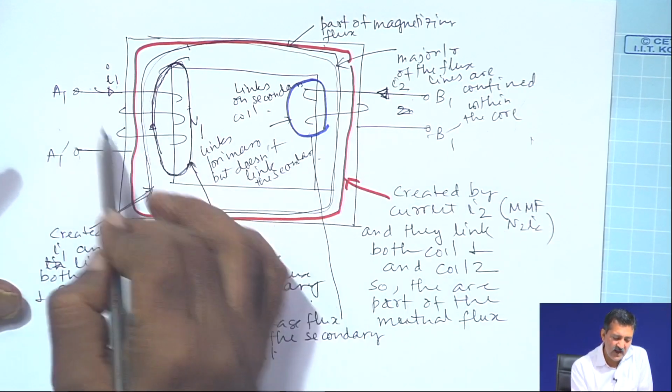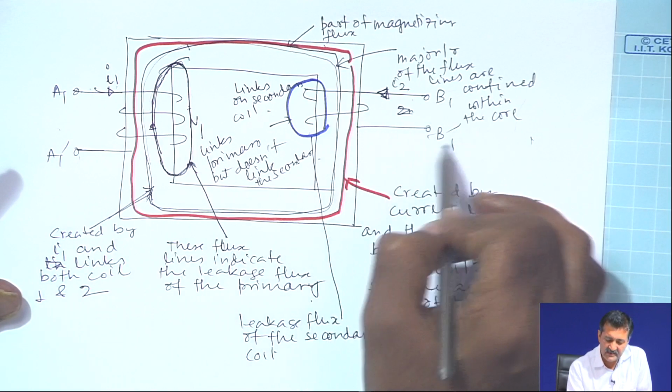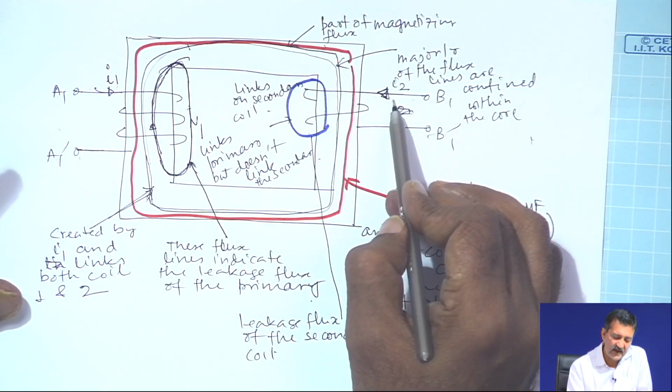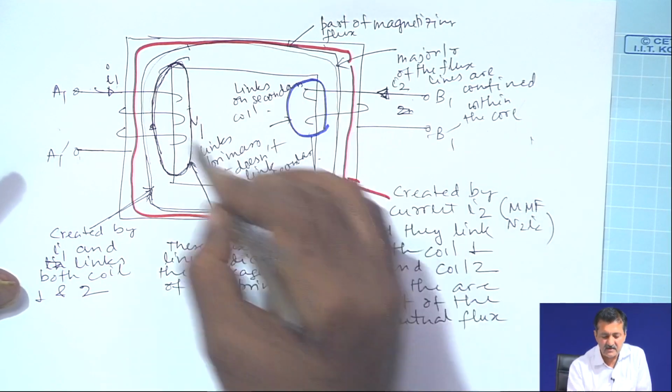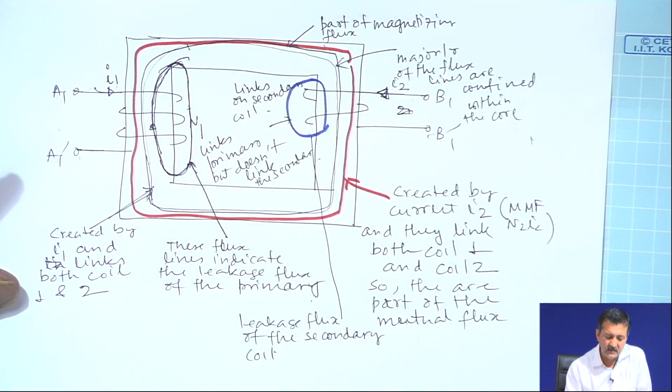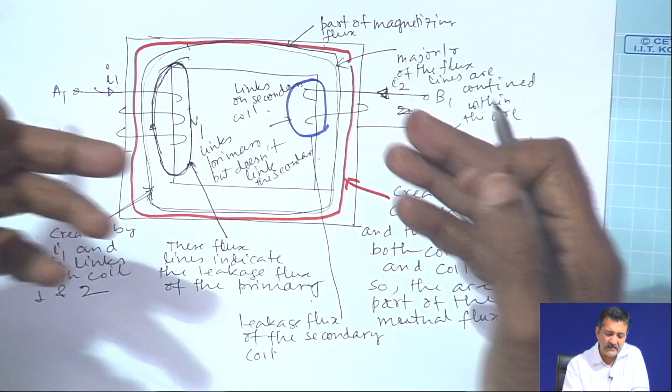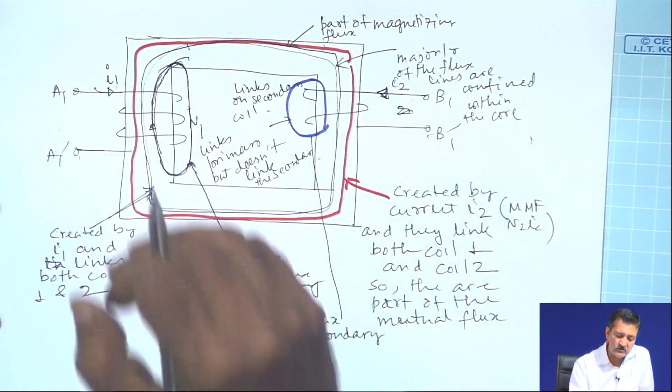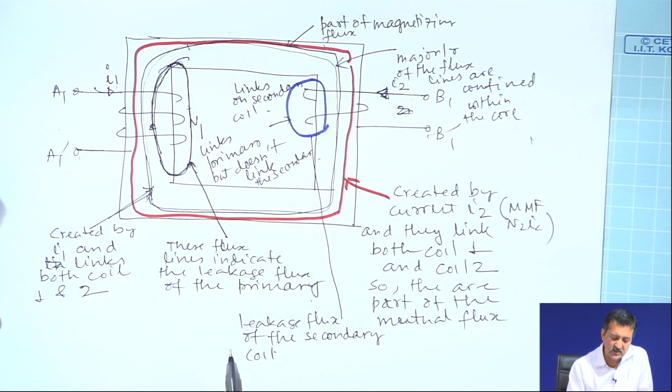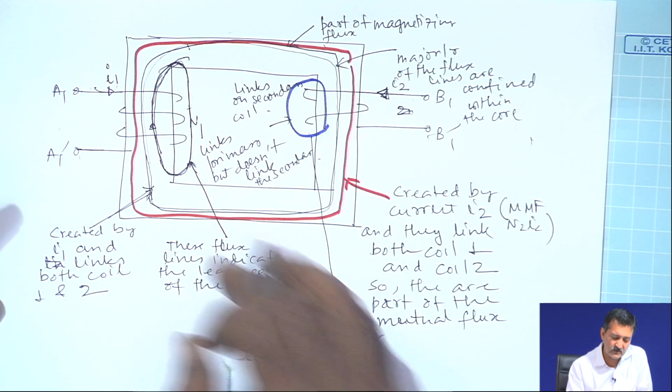So, these flux lines are initiated by that, and the moment there is a current flow in the secondary coil, that also contributes to the overall flux lines of the core, because all MMFs sum together and produce the corresponding flux line. The relationship you already know: the total MMF divided by the reluctance is the total flux lines.